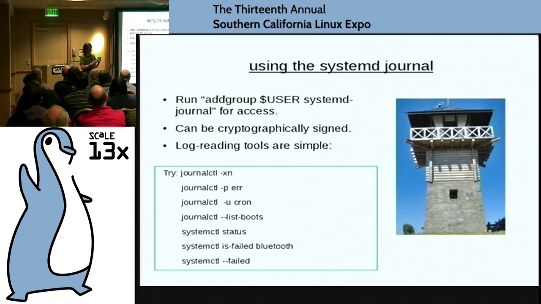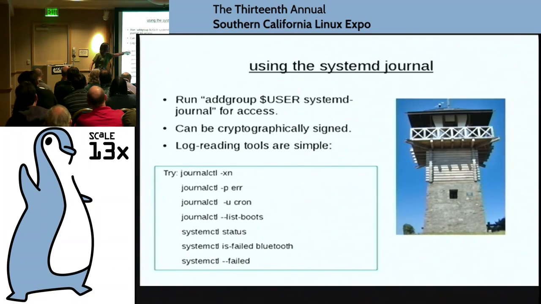So the journal, like the unit files, is a lot more homogeneous and regular than what we had with the SysV init syslog. And I'm running out of time, so I won't show all these things, but the journal is really easy to use.